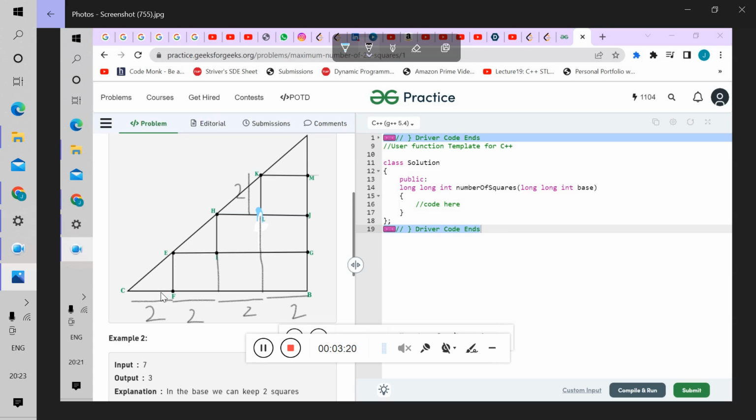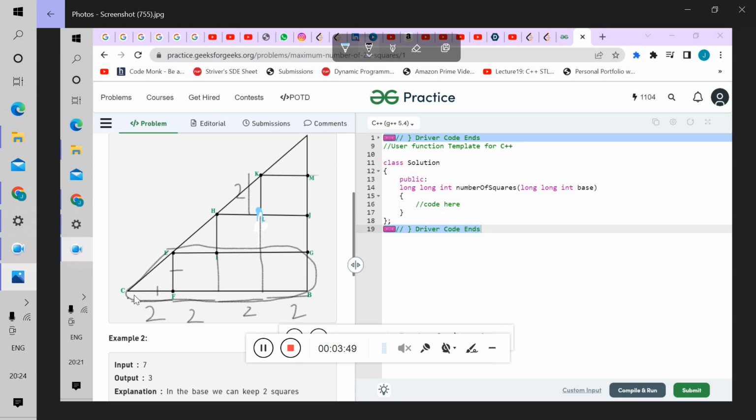You can always think of one thing: if I consider the lower part of this triangle, this part should contain some squares. If we have to accommodate at least one square, then this lower part, which is the base and the biggest part of the triangle, must accommodate some squares, right?